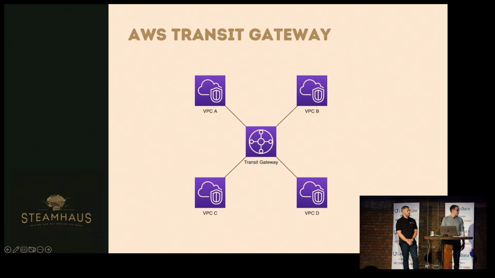So the alternative approach is utilizing AWS Transit Gateway to provide this hub and spoke style system. You still have those independent VPCs for every single workload, but you have this central transit gateway, which they are all hooked into to provide interconnectivity between them.